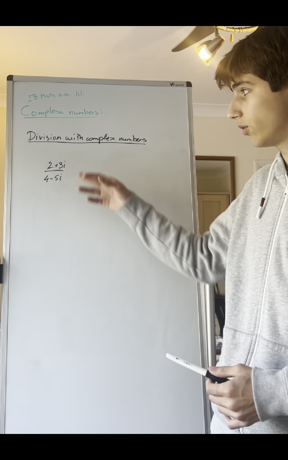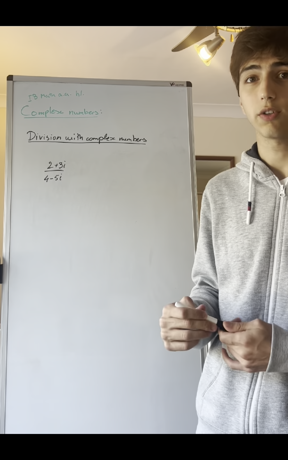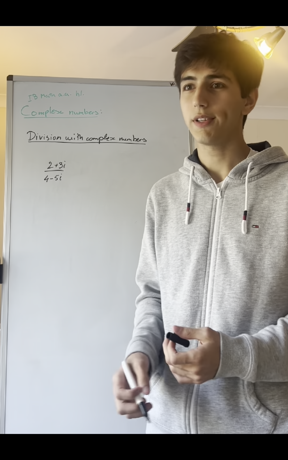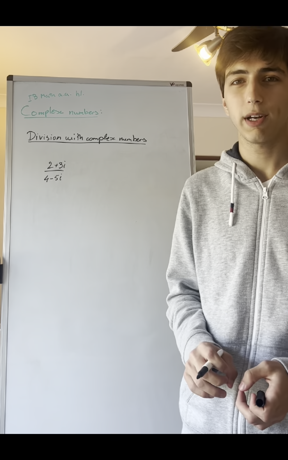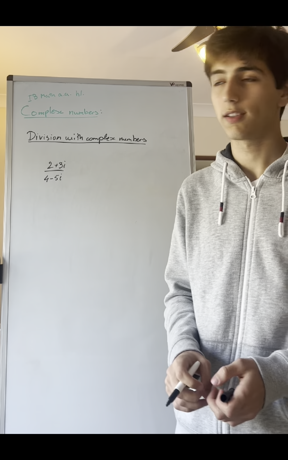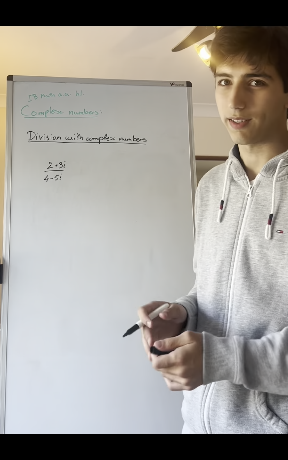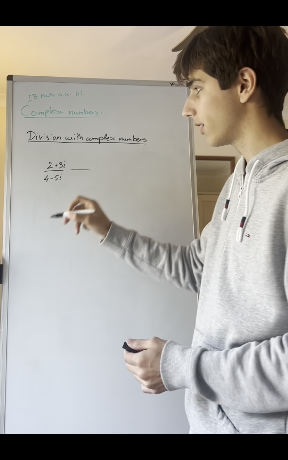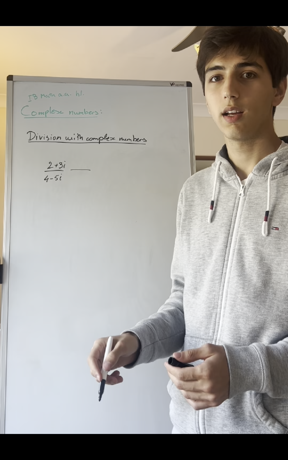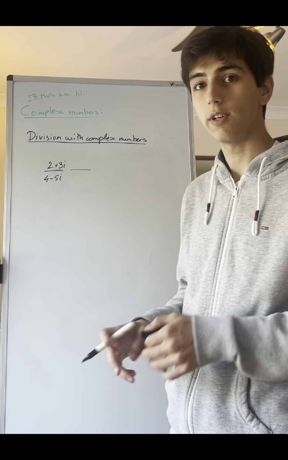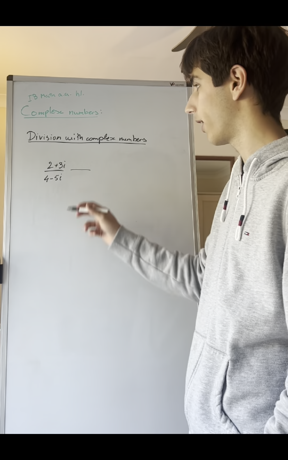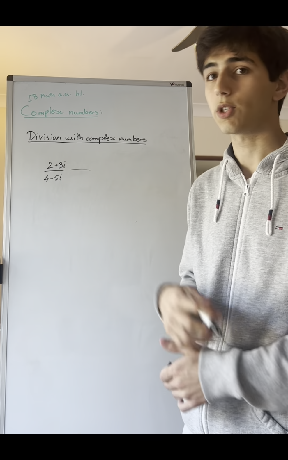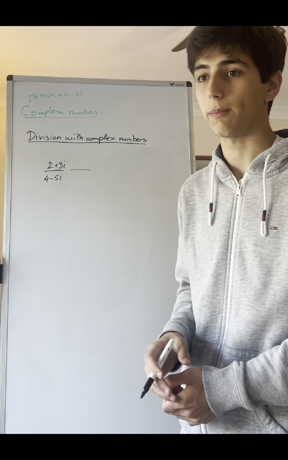So if you're dividing two complex numbers and you want to write your result in the form of another complex number, you need to multiply the top and the bottom by the conjugate of the denominator, to not change the value of the fraction. But what that does is it makes the denominator a real number, and suddenly we have a complex number divided by a real number, which can be expressed in the form of a single complex number.